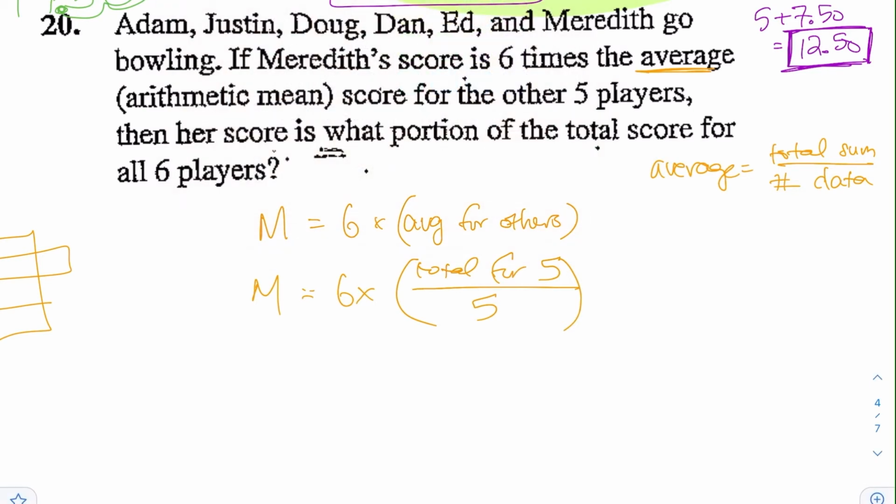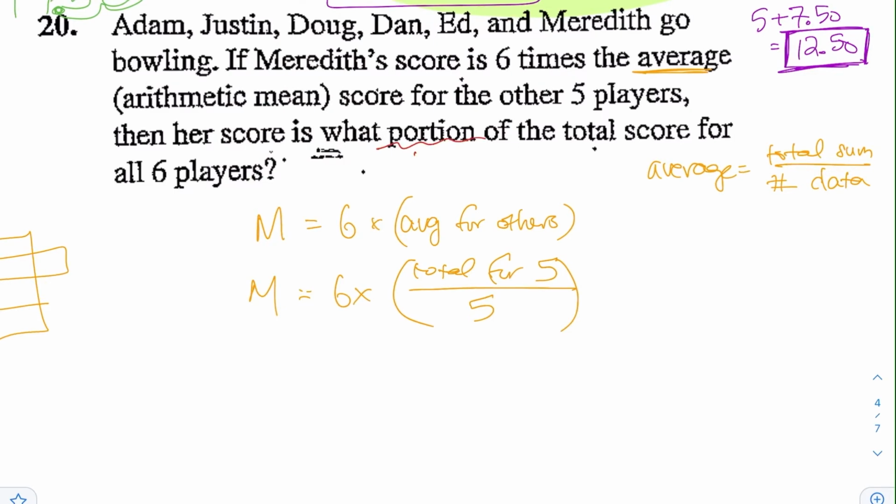So to figure out the portion or the part of the total score for all of these 6 players, specifically that's Meredith, you want Meredith's score divided by the total. And this is the fraction. Her score is, of course, a part. The whole is a total.